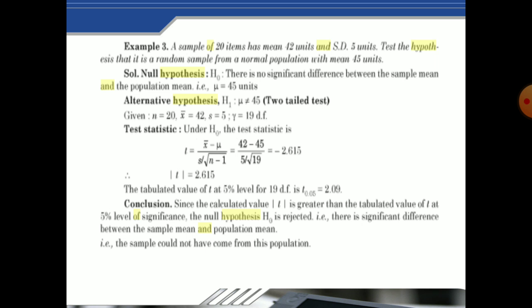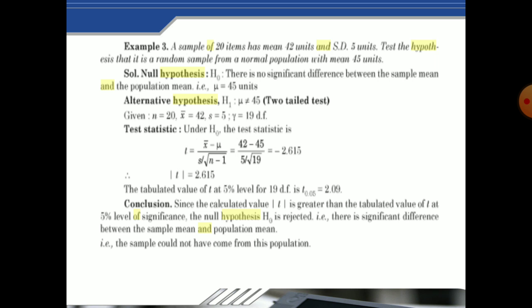We are given a sample of 20 items, so n is 20, that is less than 30, so this is a question of small sample, and the mean is 42, the standard deviation is 5. Okay, so you are given the standard deviation of the sample, not the population. So you have to check the hypothesis that this is a random sample from a normal population whose mean is 45 units.